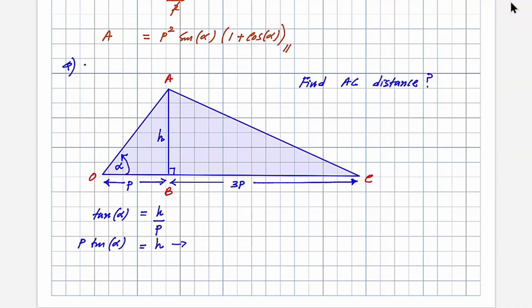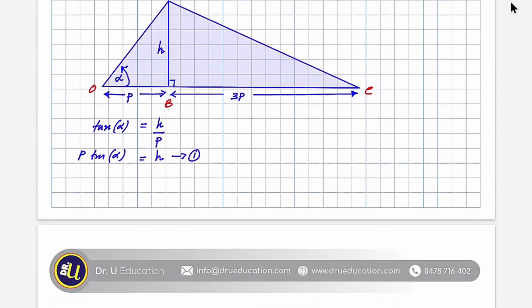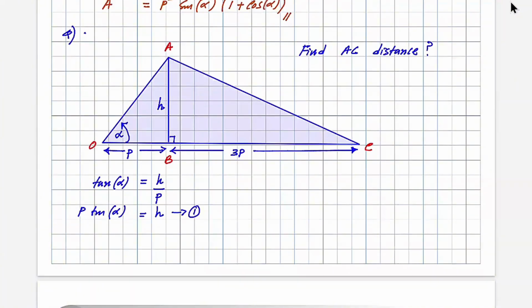So this is my first equation. Now, I want to use Pythagoras theorem. So Pythagoras theorem is AC squared is equal to H squared plus 3P whole thing raised to the power 2. Right? Now you need AC, right? But we will do that later.